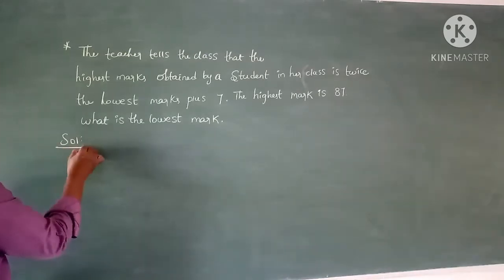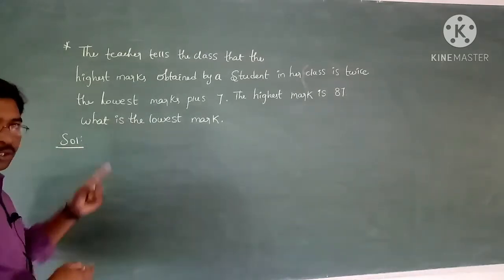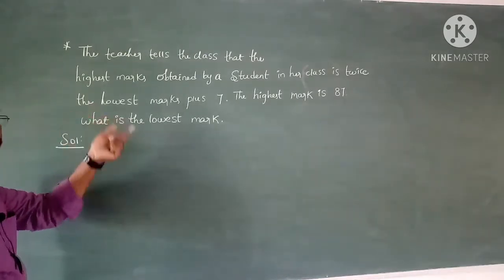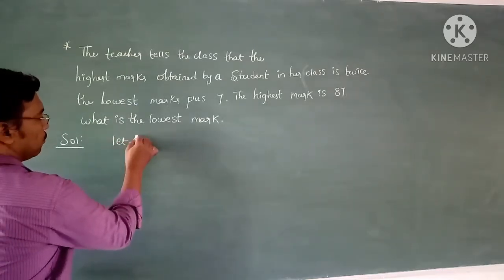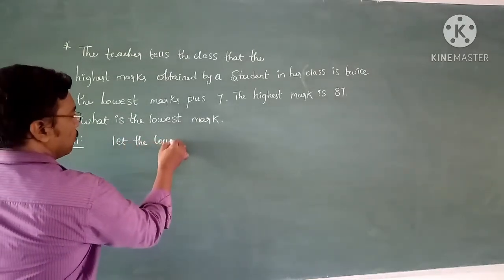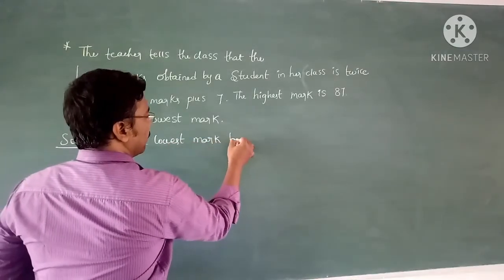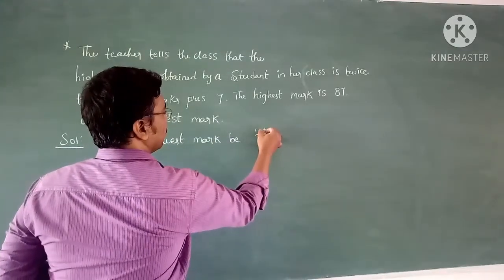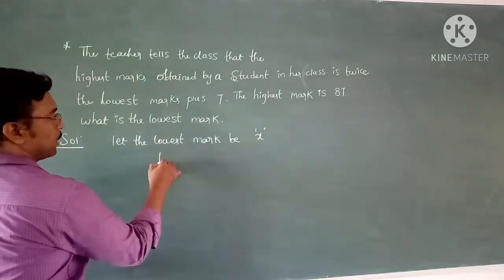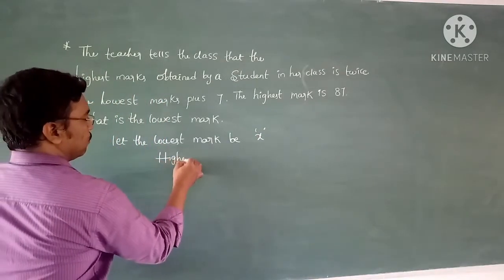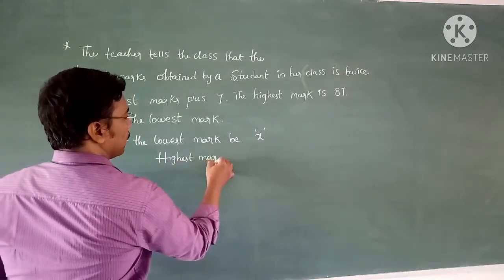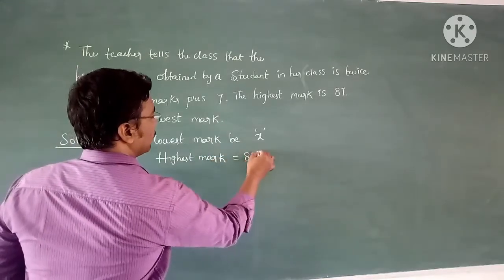So what is the lowest mark? We don't know this, so let the lowest mark be x. Highest mark is equal to 87.